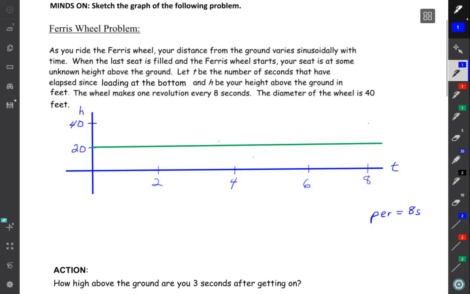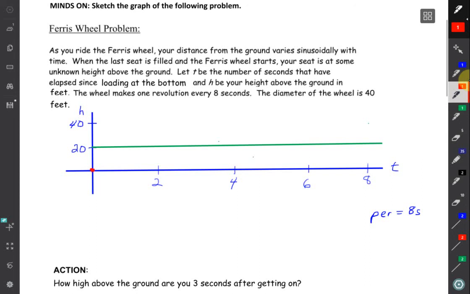Now this says that t is the number of seconds that have elapsed since loading at the bottom. So we're going to assume that loading at the bottom is 0. So at the bottom, as we start to make our graph here, at 0, we're going to be at 0. So at time 0, we're at the bottom.